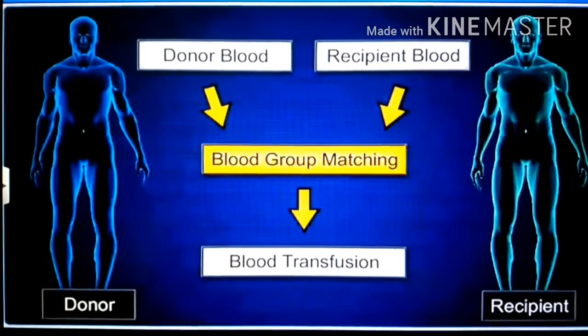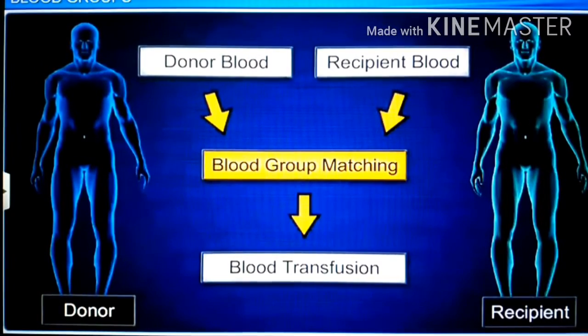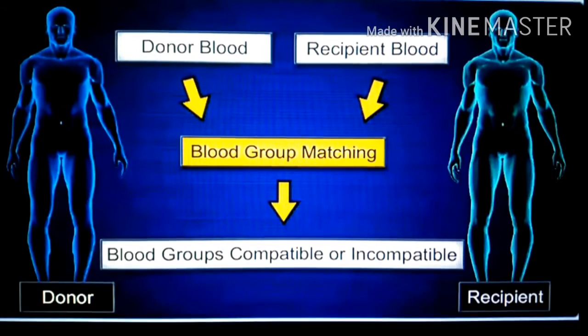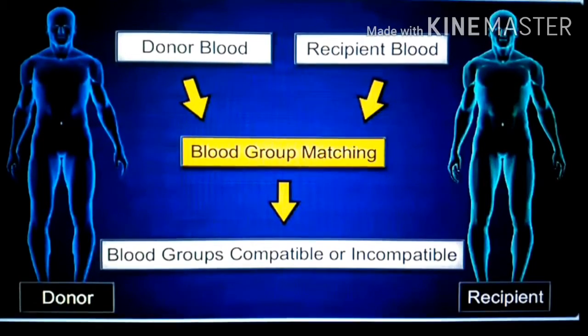So first of all, before transfusions, the blood groups of donor and recipient must be checked. If the blood is compatible then it can be transfused, and if incompatible then it cannot be transfused.